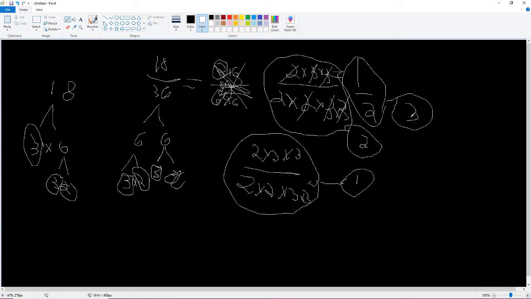And why it's like that is because first you write out 18, which would be the 3 times the 6, but you don't write the 6 because down here it'd be 3 2 2, which I wrote as 2 3 3, because lower to higher. And then for 36, it'd be 3 2 3 2 2 2 3 3.